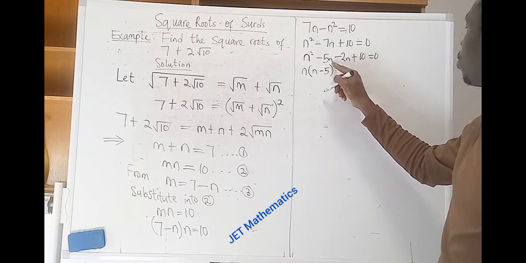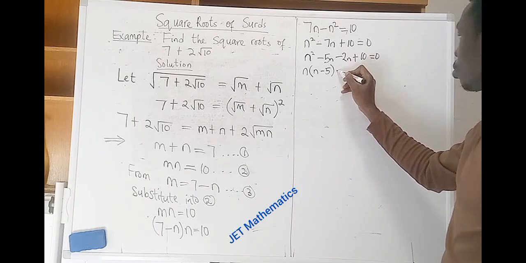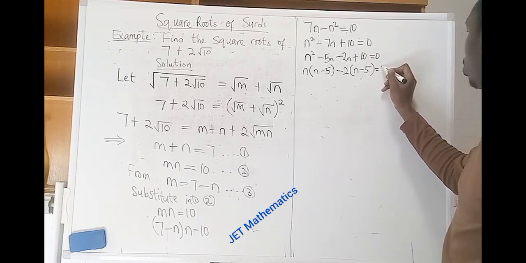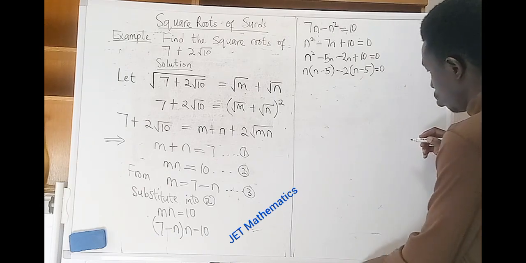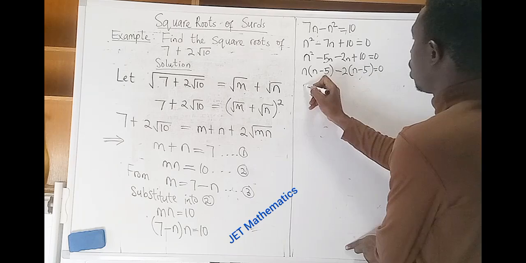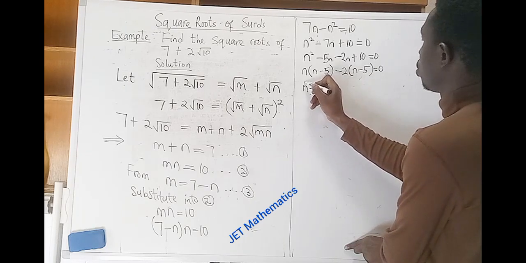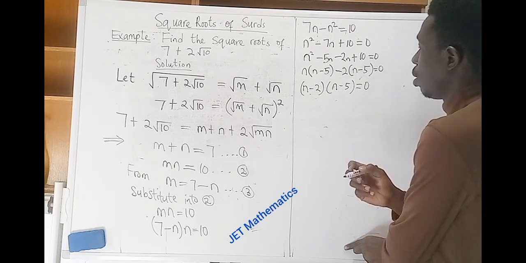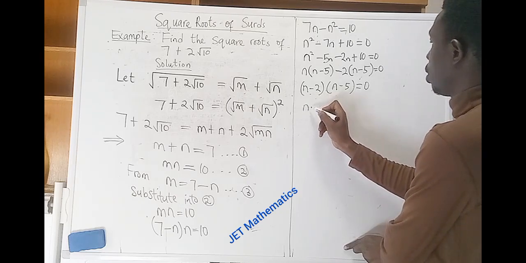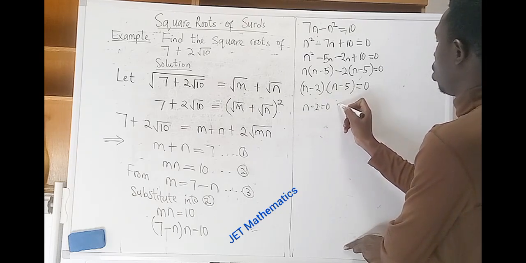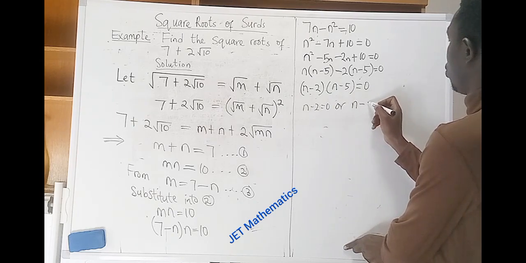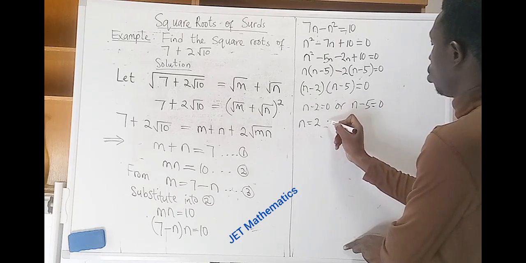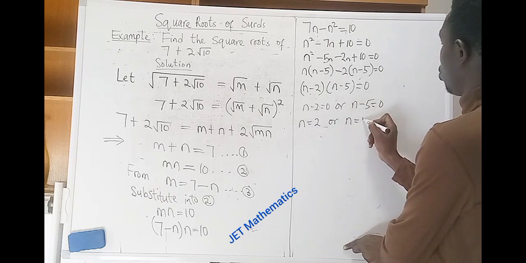So with this we can say that n minus 2 and n minus 5 is equal to 0. And then n minus 2 is equal to 0, or n minus 5 is equal to 0, which implies that n is equal to 2 or n is equal to 5.